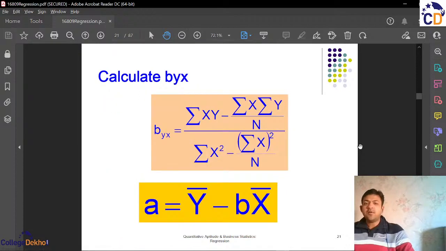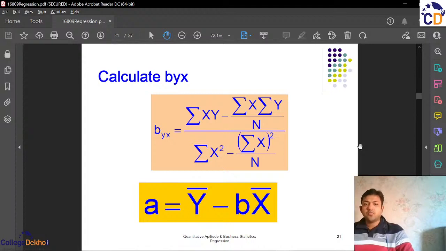Next, the formula to calculate byx, which is the regression coefficient of y on x, is summation xy minus summation x times summation y over the number of observations, the entire thing divided by summation x square minus summation of x whole square over the number of observations.